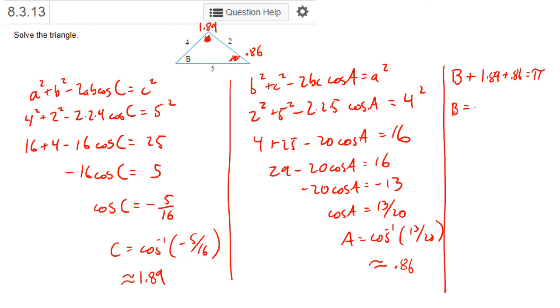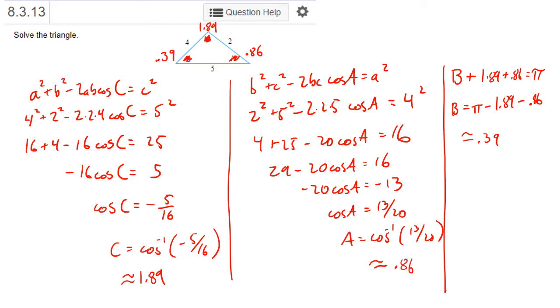So the missing angle is just pi minus the two angles we already found. And I'll go ahead and do a decimal approximation of that since we already have decimal approximations of the others. Pi minus 1.89 minus 0.86 is 0.39. And there's our missing angle.